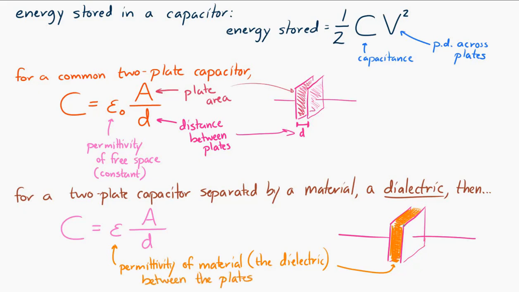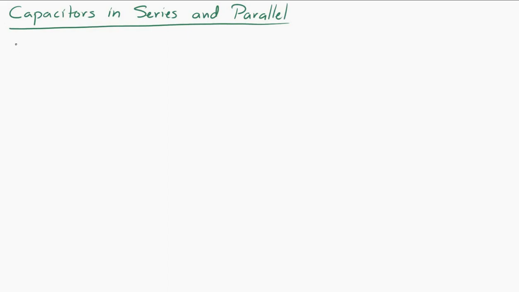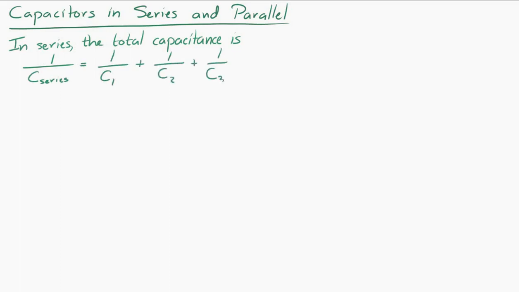Or if we separated it with another insulating material, like wood, it would have a certain permittivity. Now we can imagine capacitors connected in different ways, and it turns out that if you connect capacitors in series, their total capacitance is given by this expression.